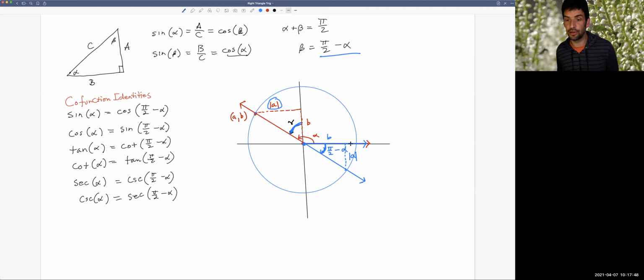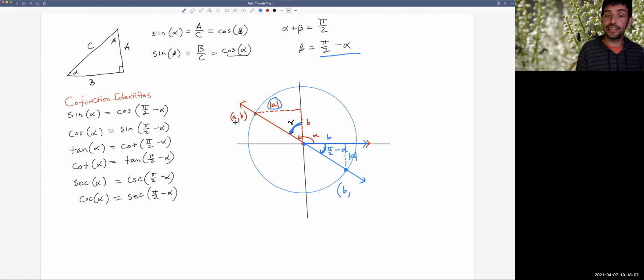I know this is getting pretty ugly, but it is what it is. Looking at the coordinates now, I know the x coordinate here is this horizontal distance, which is B. I know the y coordinate has a size of A, and it's in the negative direction, just like A was in the negative direction here, so it's just A. That's what this new coordinate is.